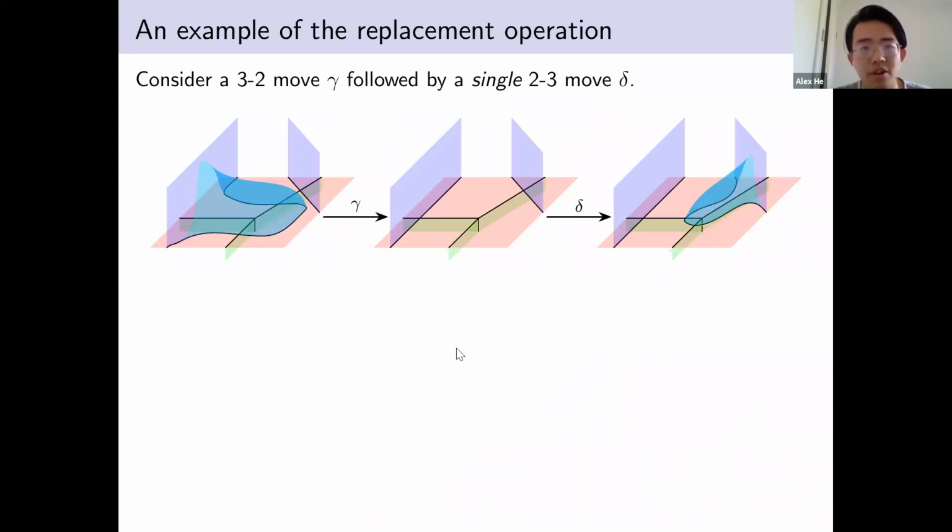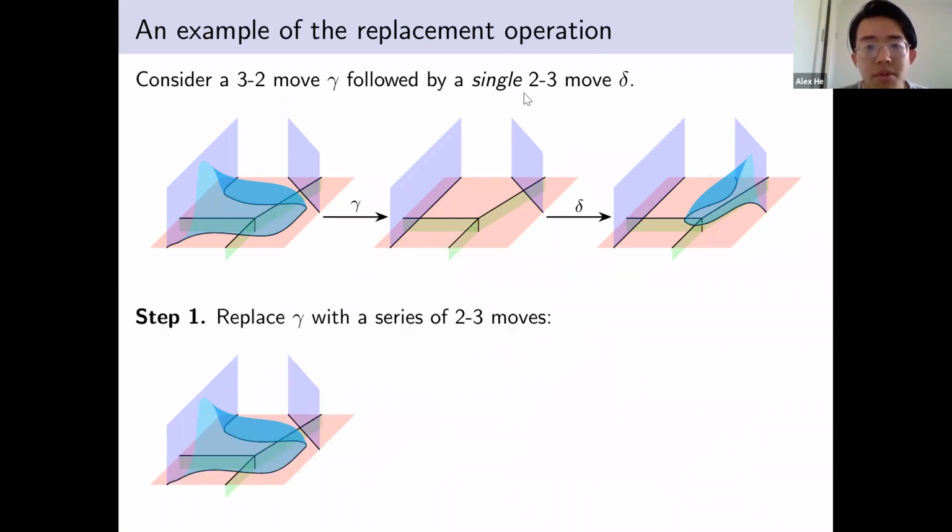So let me show you how the replacement operation works for a more specific example than what I showed before. Before we did a 3-2 move followed by no 2-3 moves. So let's just add a 2-3 move there and try to see what happens. What this looks like is you do this 3-2 move, which is an inverse of a 2-3 move, right?